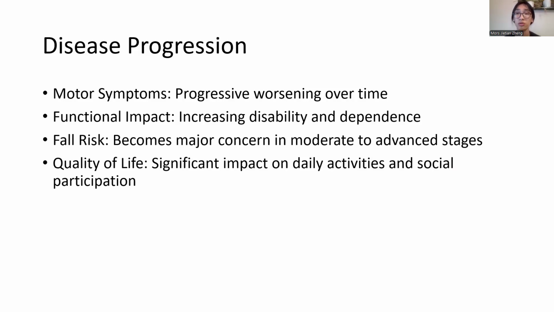However, it's important to note that the rate of progression varies significantly between different people. And while the disease is chronic and progressive, many patients can maintain a good quality of life for years with appropriate treatment and management strategies.